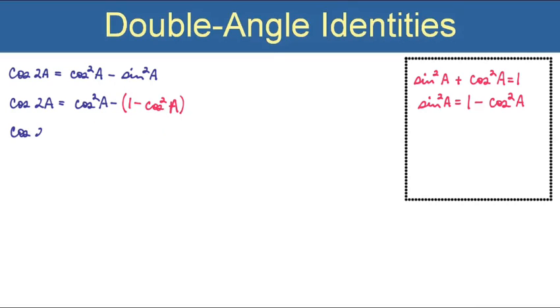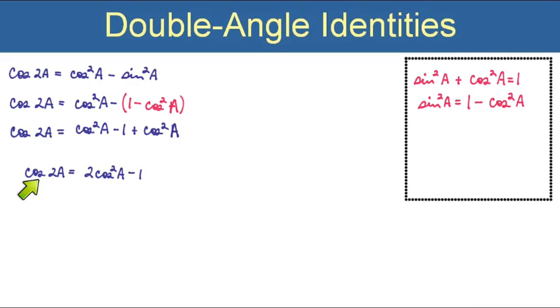So we'll distribute that minus sign, and we'll get minus 1 and minus negative cosine squared, which is really plus cosine squared. Now combining like terms, 1 cosine squared a plus 1 cosine squared a makes 2 cosine squared a, and we end up with a new identity for cosine of 2a.